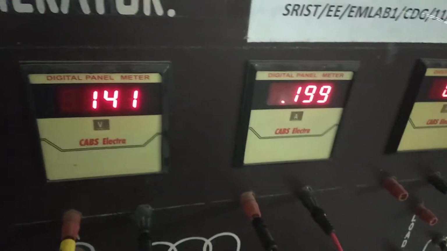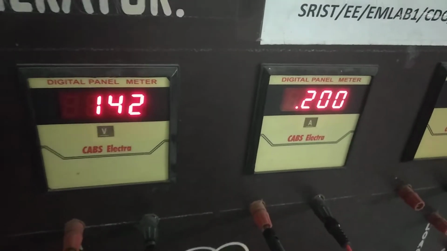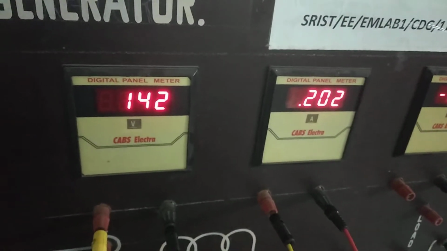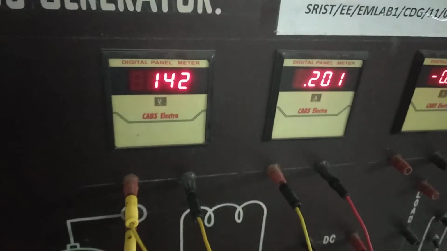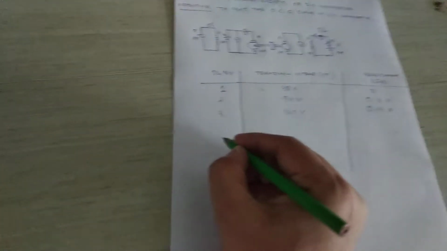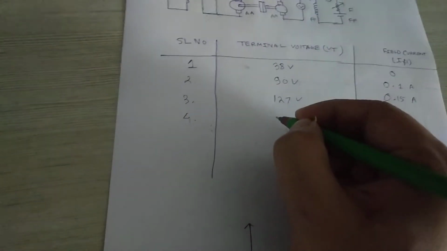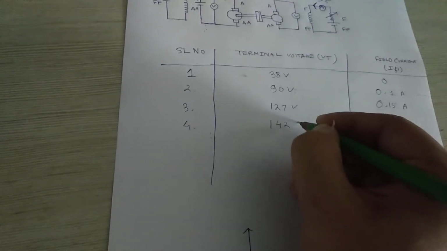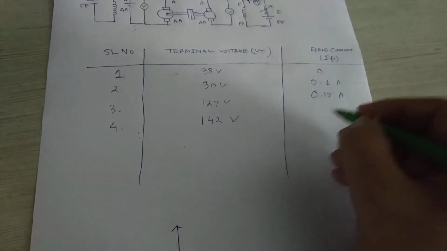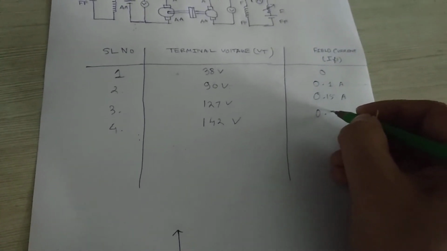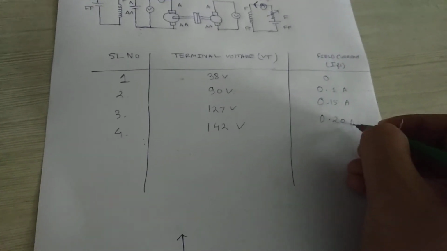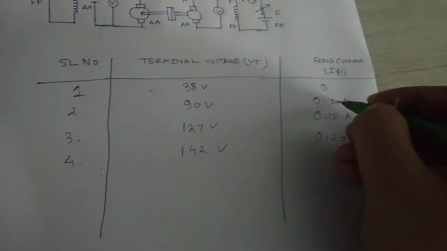Now it is 0.2 ampere, and now this voltage is 142 volt. So it is 142 volt, and the current is 0.20 ampere.